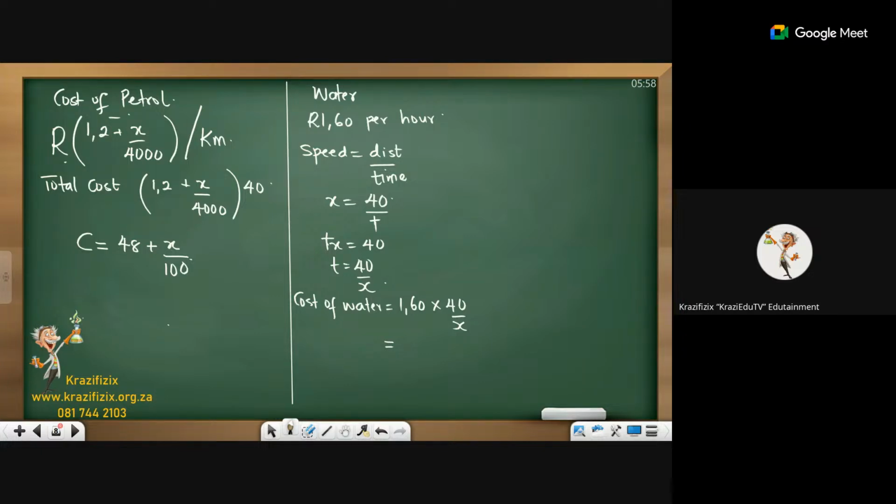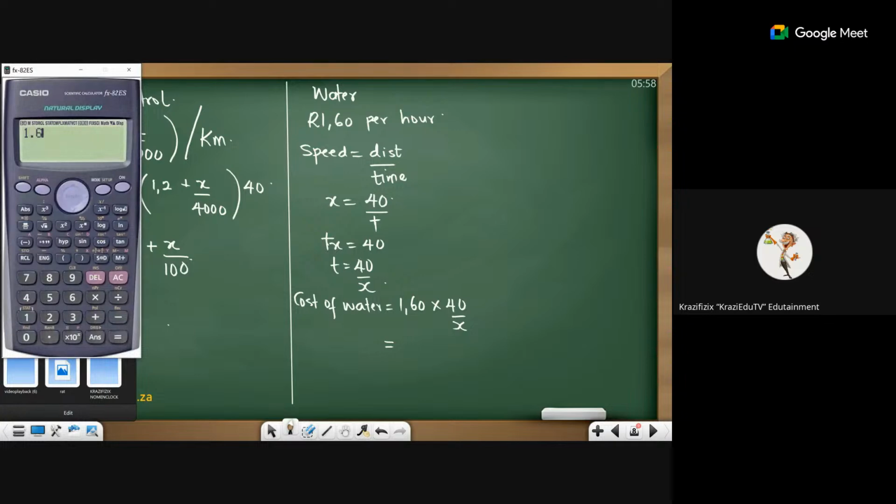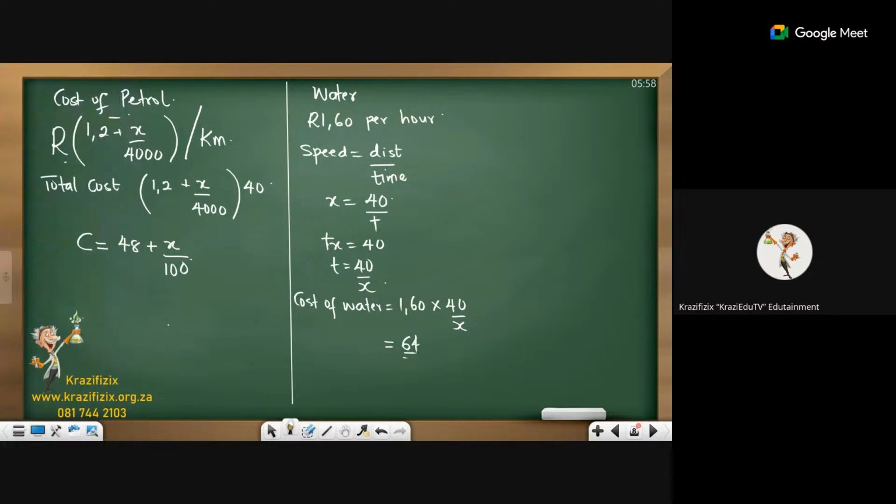What about the cost of water? Calculator quickly. What do we have? 1,6 times 40 is 64. Our total cost, therefore, will be the cost of the petrol that he incurred.